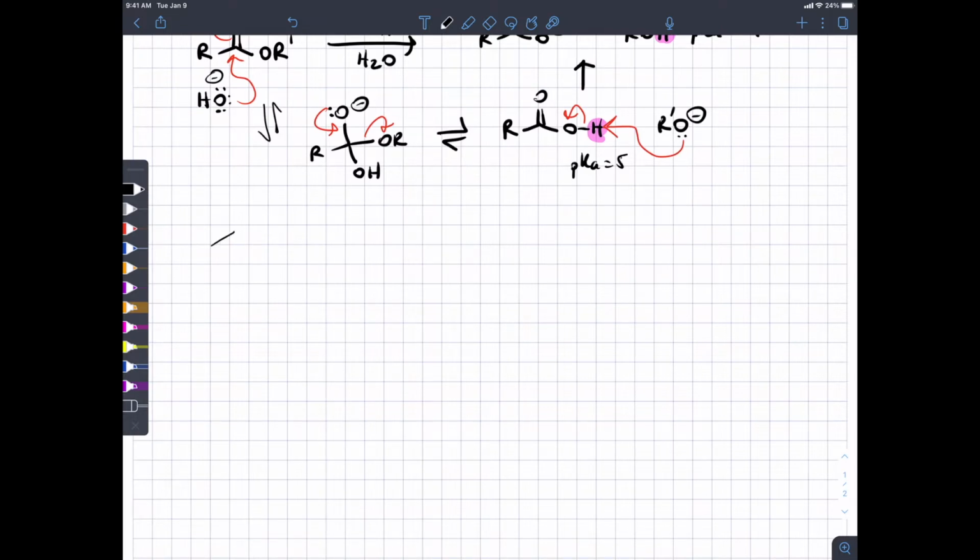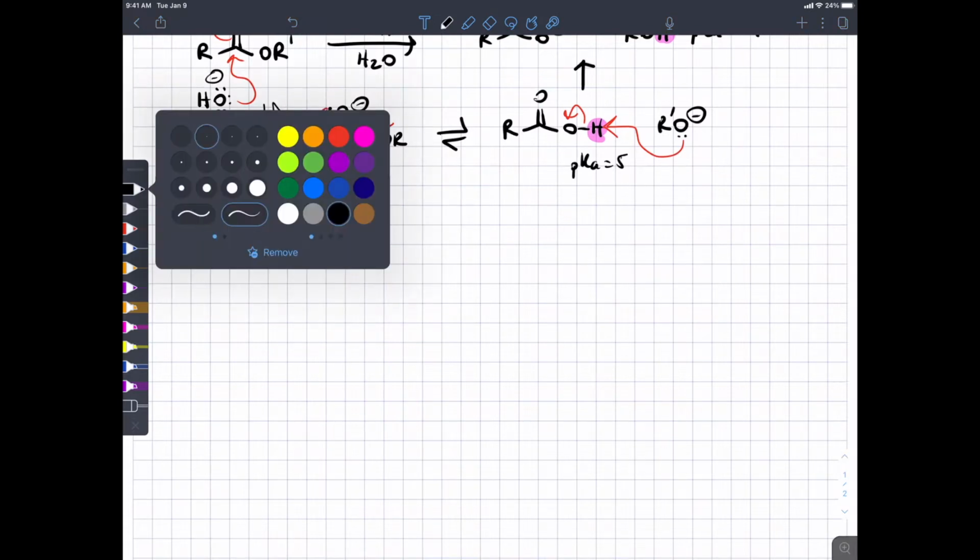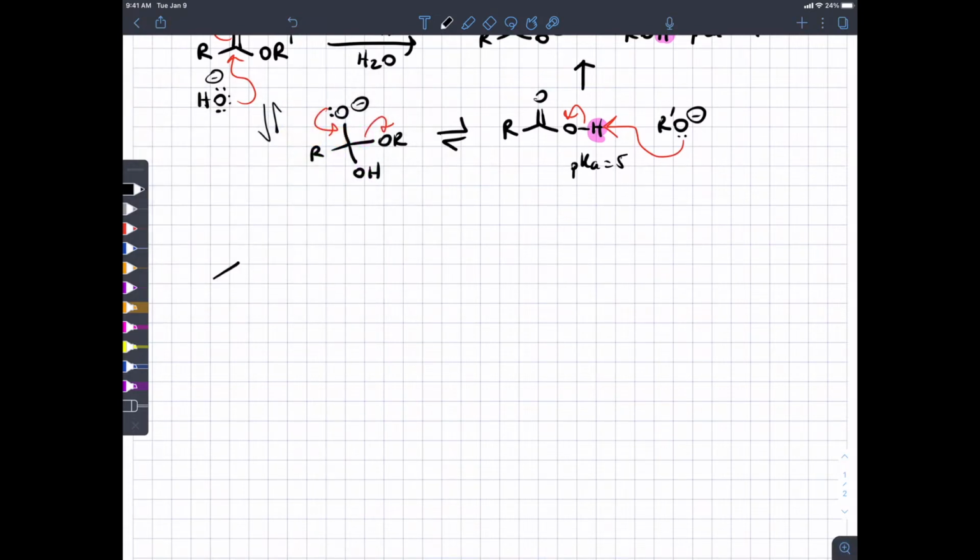So you may not have known this, but fats and oils are called triglycerides, and they are actually triesters. So you have this 3-carbon triol glycerol in which each of the oxygens is connected to a long chain carboxylic acid. We call that a fatty acid.